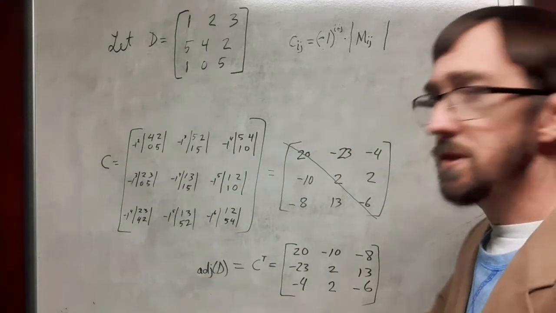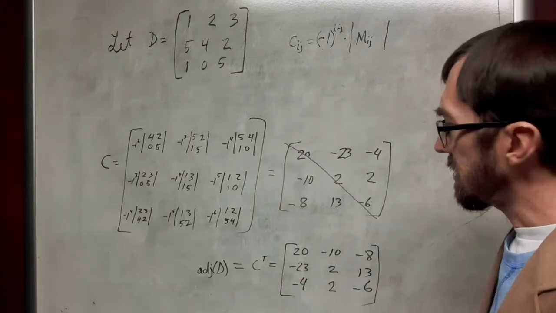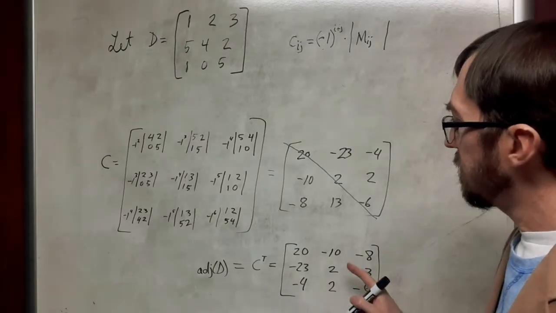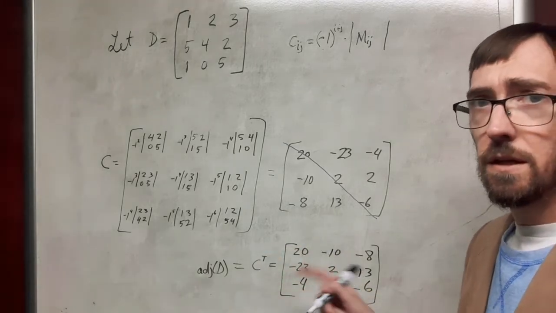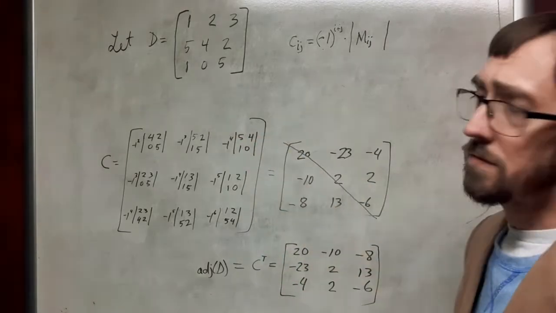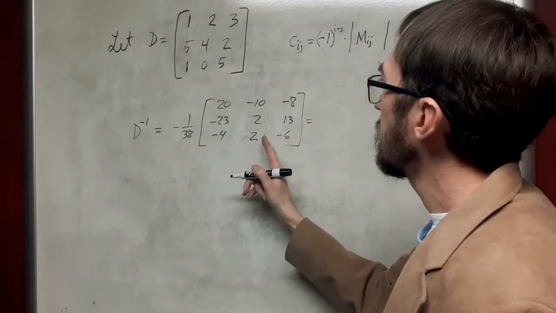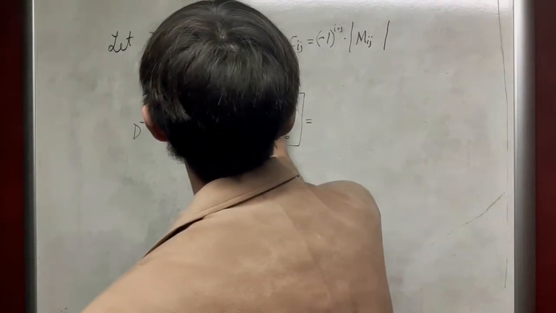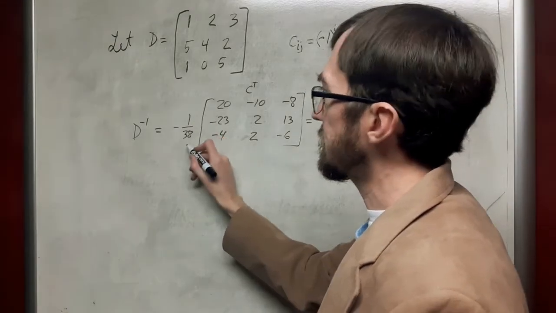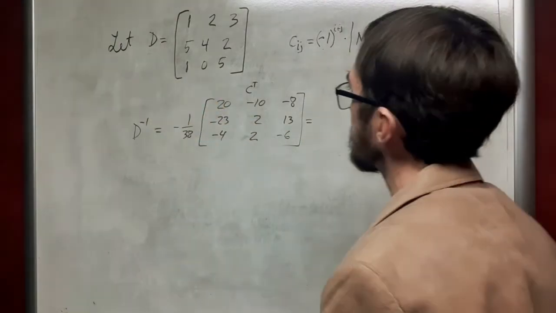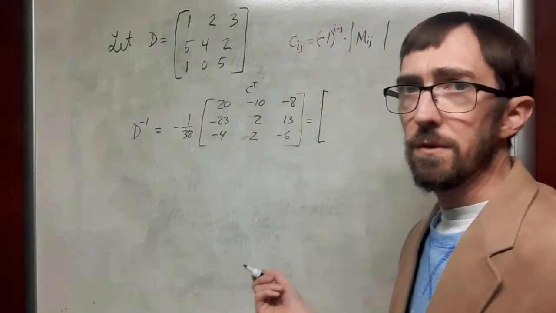So the adjoint of D is the transpose of the cofactor matrix created from D. We're going to take this matrix and multiply by the reciprocal of the determinant of D, and that will be the inverse of D. This is going to act like a scalar multiplying over this transpose of the cofactor matrix, and this is the reciprocal of the determinant of D. Again, this is going to give us a 3 by 3 matrix.